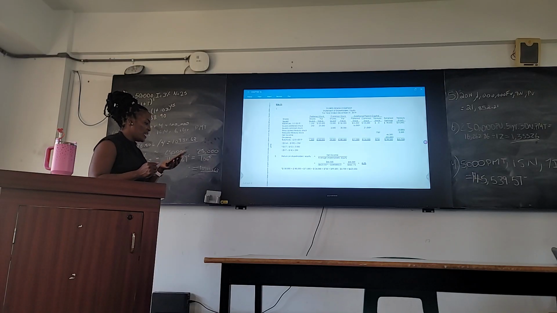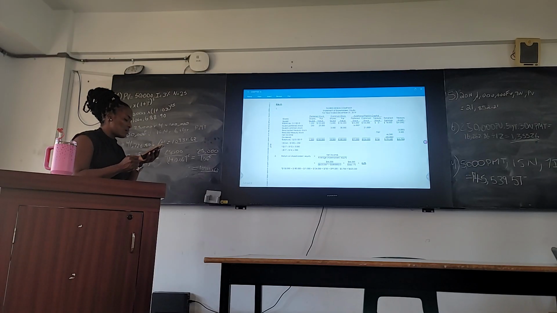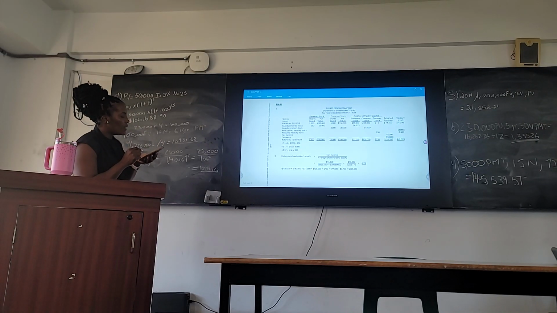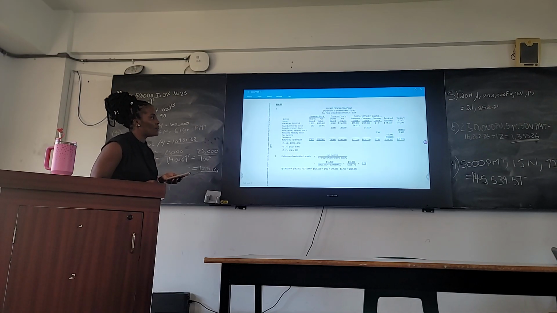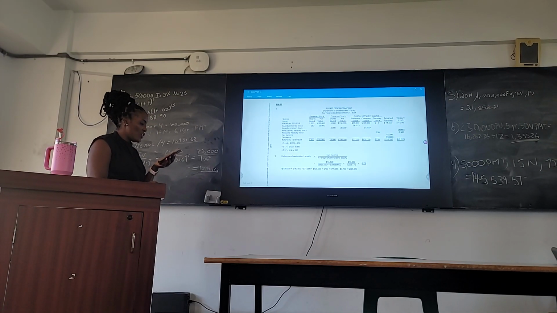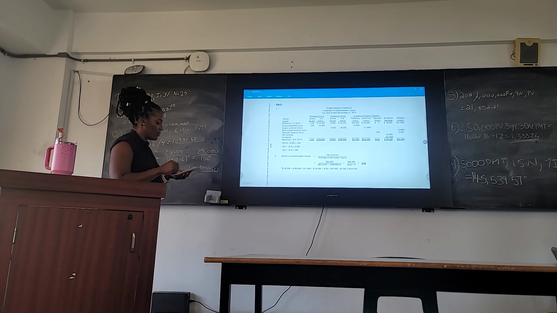The additional paid-in capital on preferred stock 55,000. The additional paid-in capital on common stock 105,000. We don't have any additional paid-in capital on treasury stock at the beginning, so that's 0. And our retained earnings at the beginning of the year, 78,000. So we put that in. And our treasury stock, a negative 4,200.